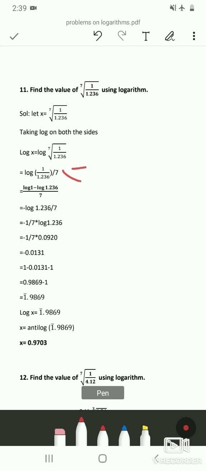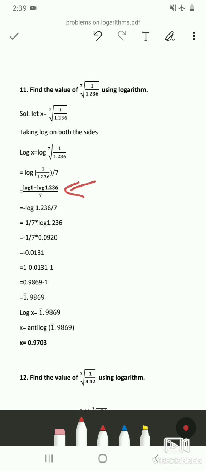So now look at this m term. This is of the form m upon n, and we can use the second law, that is log of m upon n can be written as log m minus log n. So log 1 minus log 1.236, whole divided by 7.